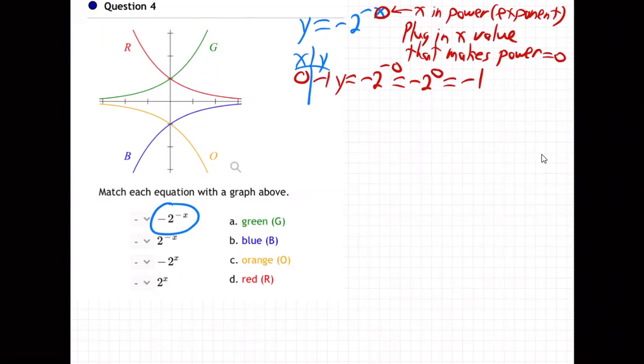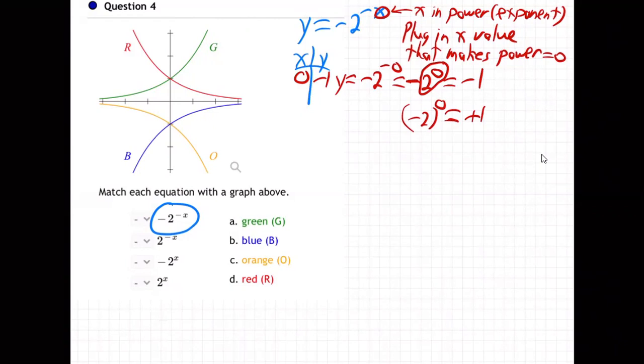Remember, 0 powers turn things into 1, but that 0 power only has power over the 2. The negative sitting in the front is a spectator. Now, if he was in parentheses, then that would be +1, because he would turn the whole -2 into +1. Do you see that difference?